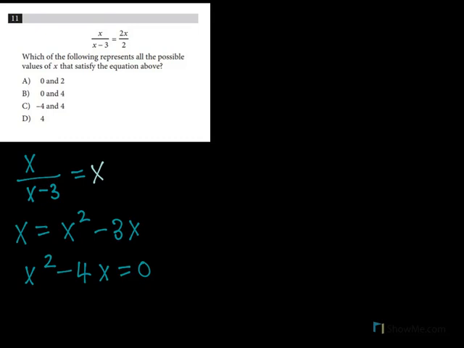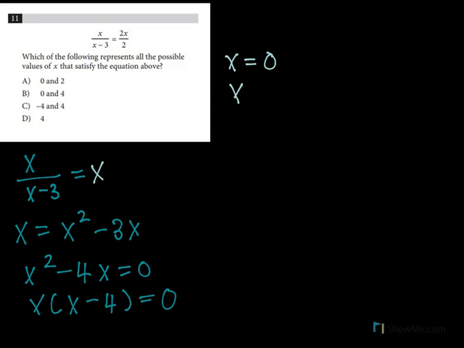And now we can factor out x and get x times x minus 4 equals 0.